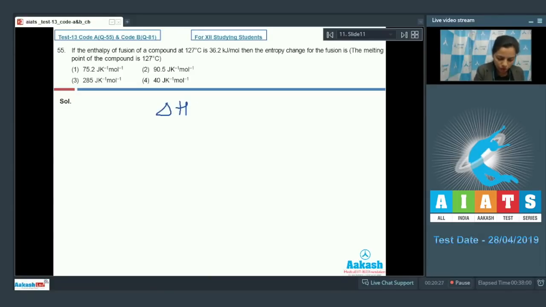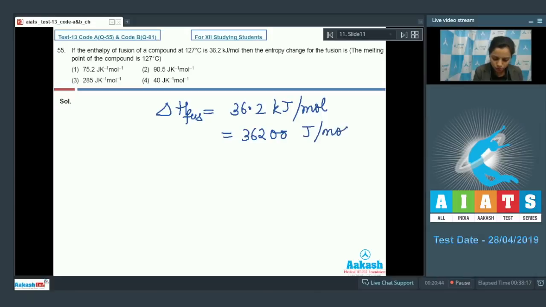Enthalpy change for the fusion is given, that is 36.2 kilojoule per mole. That can also be written as 36200 joule per mole. Now we need to just find out the entropy change for this case.